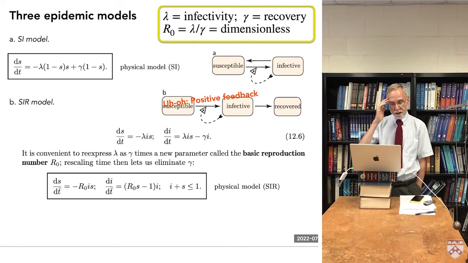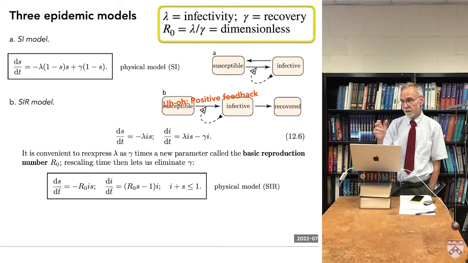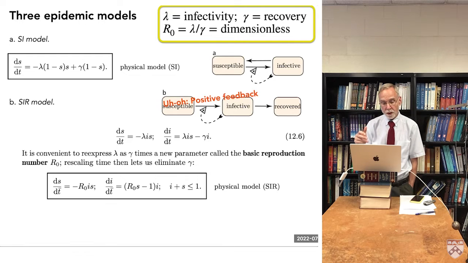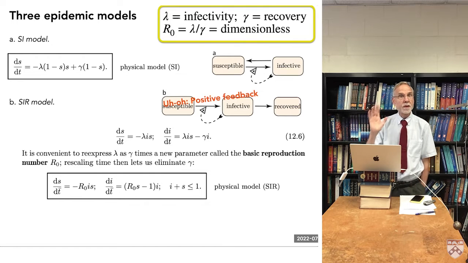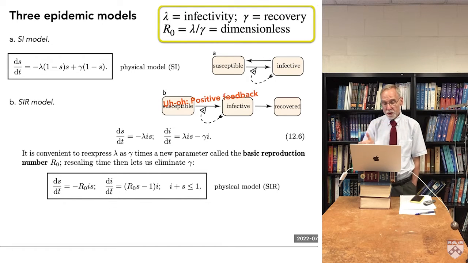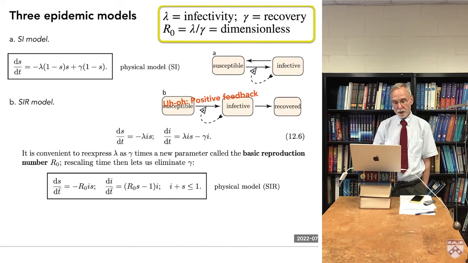So that still looks like a family of equations with two parameters called lambda and gamma, but secretly I can do the same trick as before and reduce it, not to zero, but to one parameter. I'll introduce the ratio of those, called the basic reproduction number, which I put at the top of the slide, and recasting everything in terms of that, I got a one-parameter family of equations.